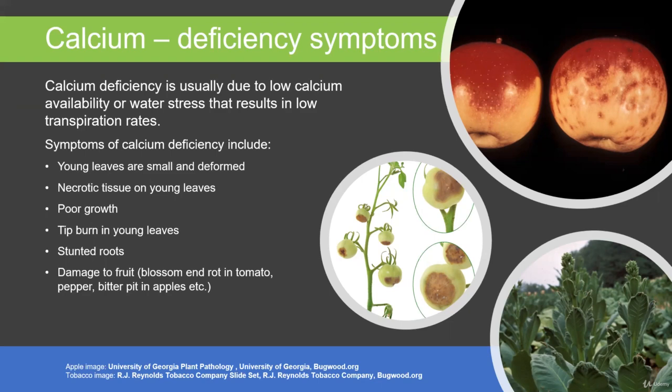That means that the calcium may be available in the soil, or we may even apply a calcium fertilizer, and yet, if there is water stress, calcium will not be properly absorbed by the plant. So this is very important to remember. It's something that is quite common.